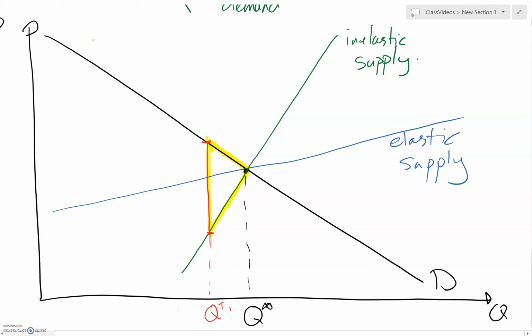Okay. Now, if we had the more elastic supply curve, then if we impose the same tax, I'd be looking for a height between the elastic supply curve and the demand curve, which, if I get the same distance in between them, that would have to be about here. Here's my tax.